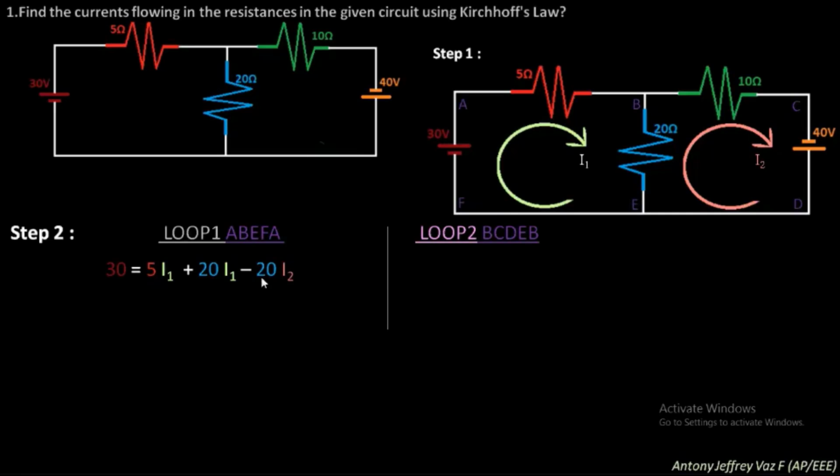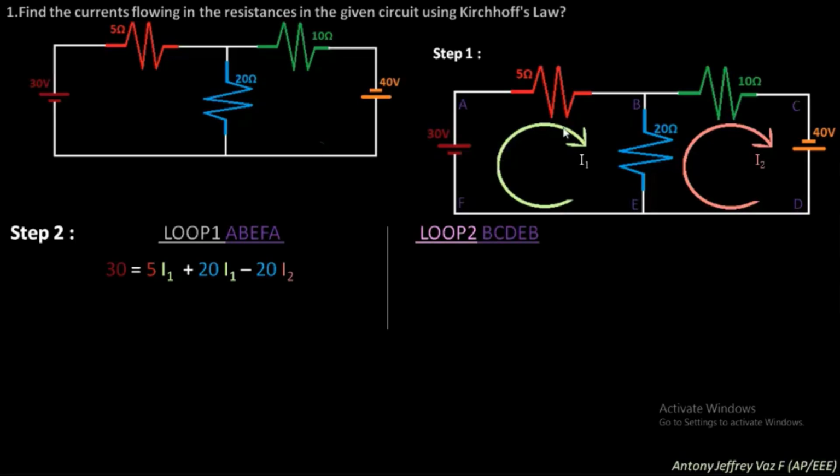So for the first loop, you need to do one extra thing, that is nothing but minus 20 into I2. Why does this minus come over here? This minus comes because the I2 current is opposite in direction to the I1 current. The I1 current is the reference for loop 1.